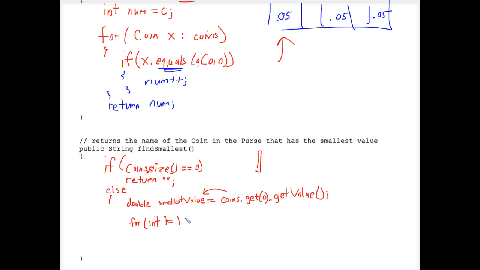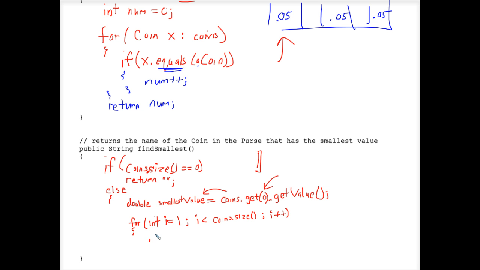We'll start i at 1 because we've already inspected the element in position 0. So we can save a microsecond here. And we'll take i up to coins.size, or just less than it. And we'll do the old standard i++ to make sure we're incrementing by ones through this array list and we don't miss any elements.